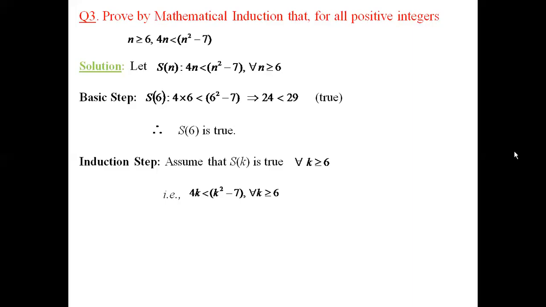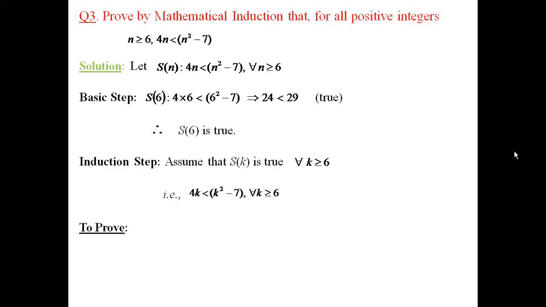The given question was in terms of n. We have replaced n by k and written down the statement S of k in the induction step. So it becomes 4k less than k square minus 7, and this is true for all k greater than or equal to 6. This is our assumption. Then what is to be proved?